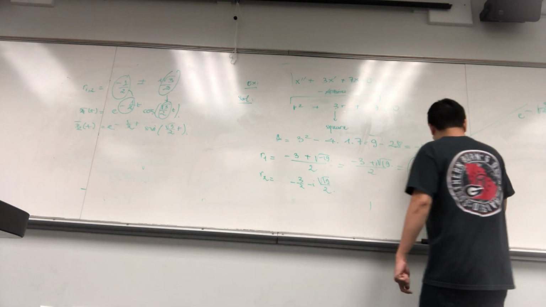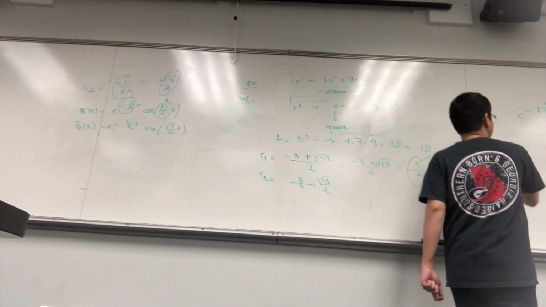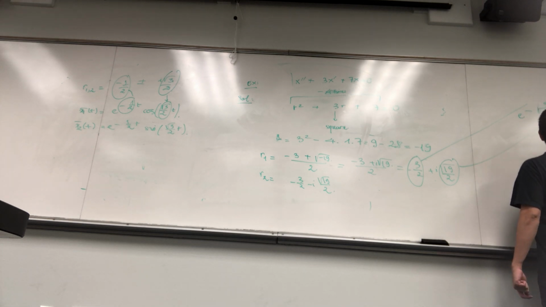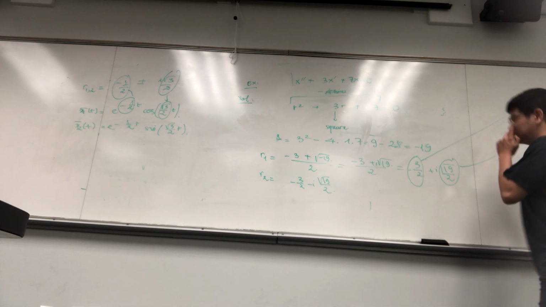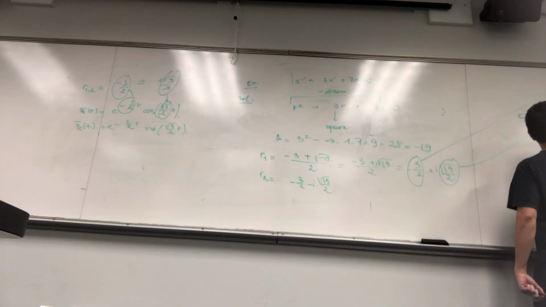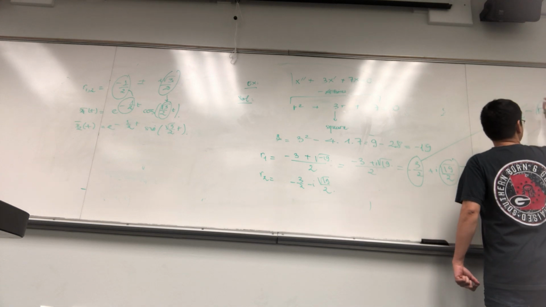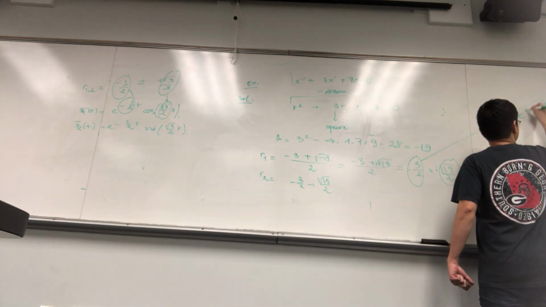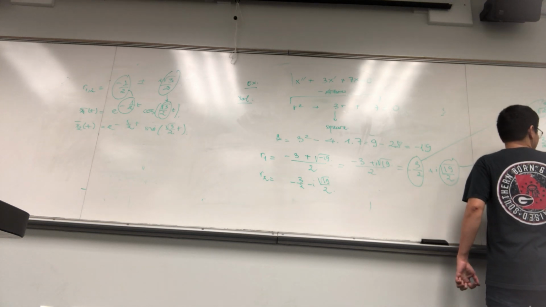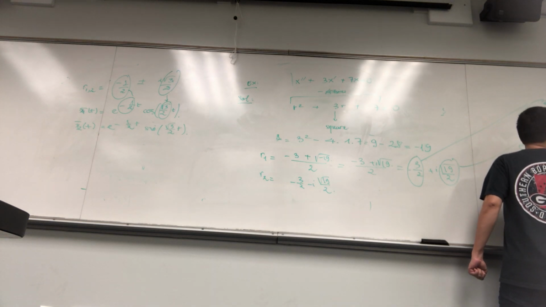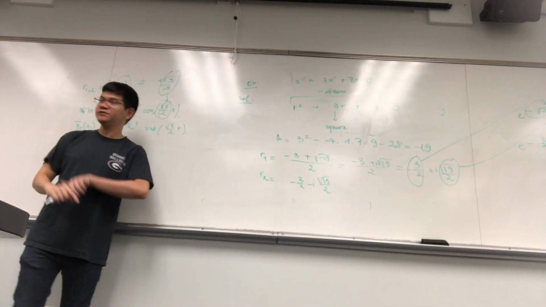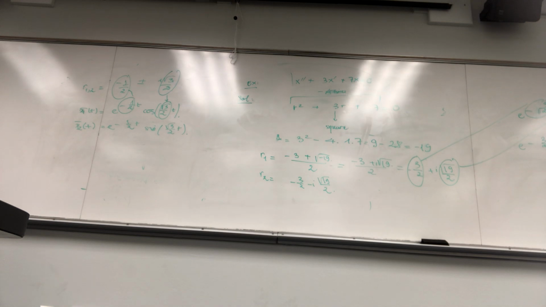The second one is square root of 19 over 2, which gives you cosine of square root of 19 over 2 t. And for the second solution, you just change this cosine into the sine. So this is very simple to remember.